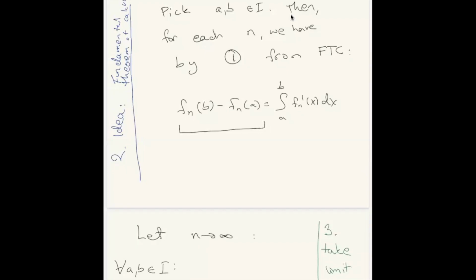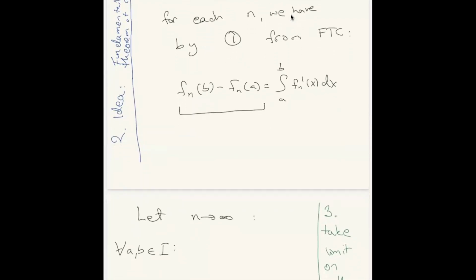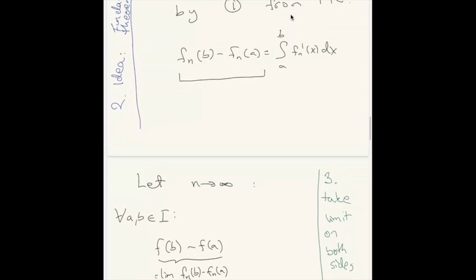It converges to f of b minus f of a. Why? Because fn of b converges to f of b, and fn of a converges to f of a. So the left-hand side is by pointwise convergence, because we're evaluating only at fixed points.